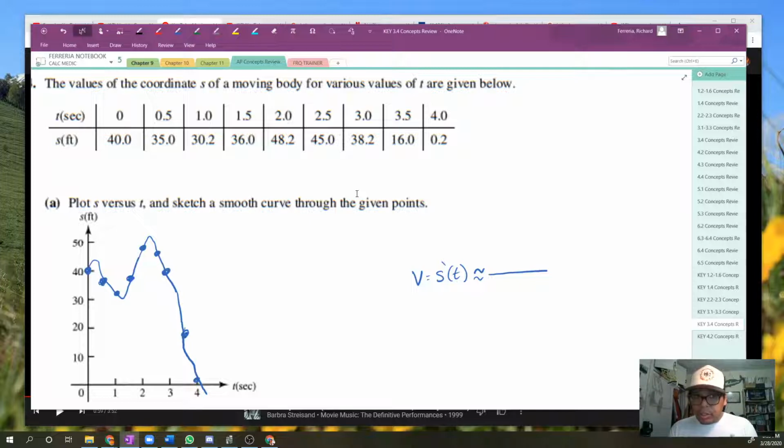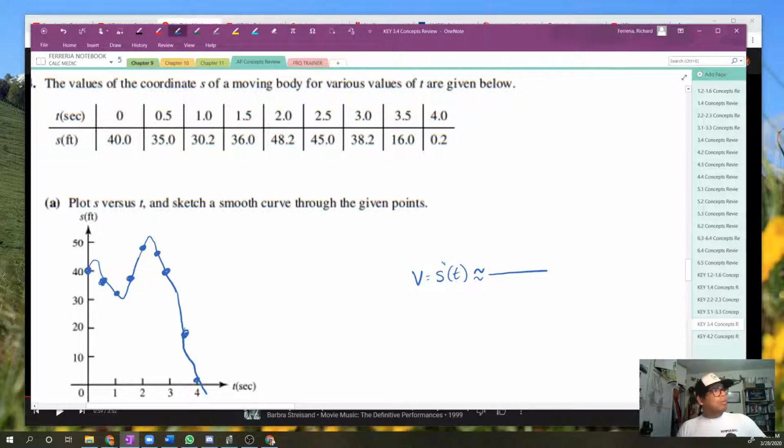Maybe you want to use t equals 0 and t equals 0.5. Maybe you want to use t equals 0.5 and t equals 1. Maybe you want to use t equals 0 and t equals 1. That's usually the one that most people are going to go for. So I'm going to go for that.